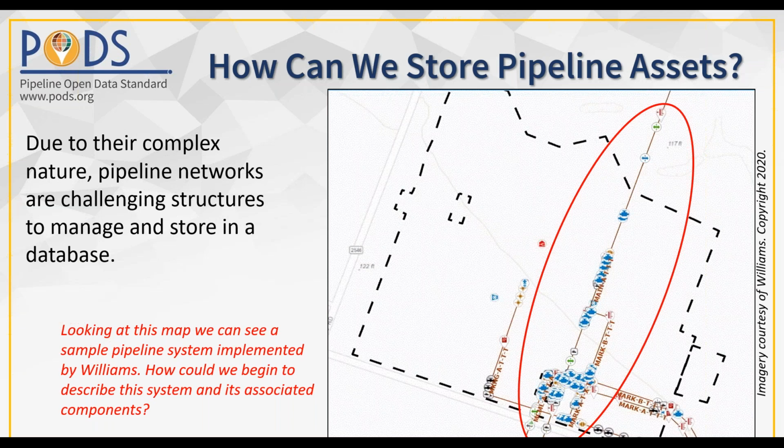So when you remember looking at our PODS conceptual model, you saw all the various components of pipelines, and you saw the associated tables that help store information about each one of these components and the relationships between them. So when PODS is connected to a geographic information system or a GIS, pipelines can then be viewed and managed spatially and also in multiple dimensions.